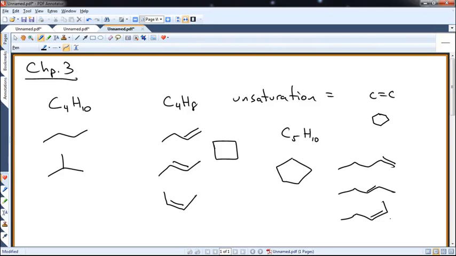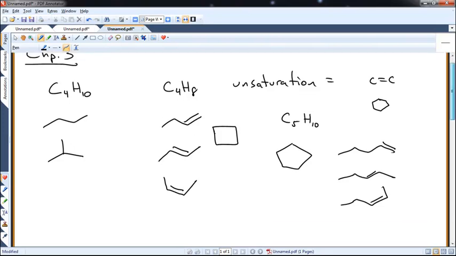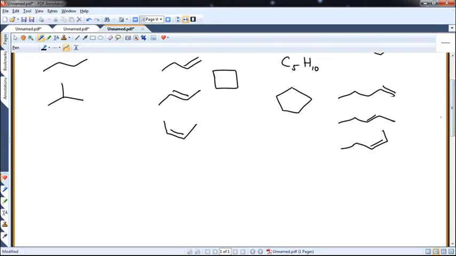Doesn't matter. Okay. The take-home message is that in order to have an alkane, which is what we're studying here in Chapter 3, you need to have 2n plus 2 hydrogens, where n is the number of carbons. Right?